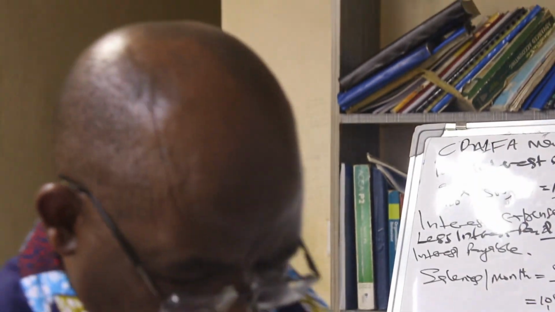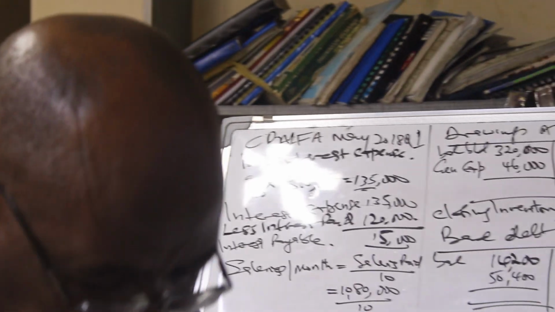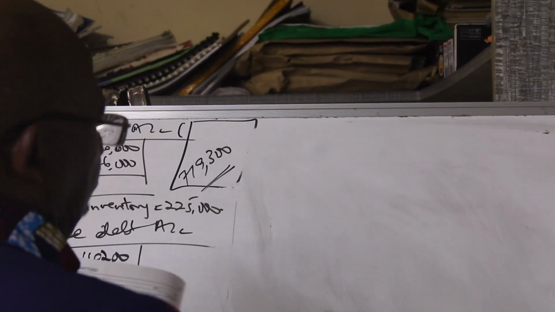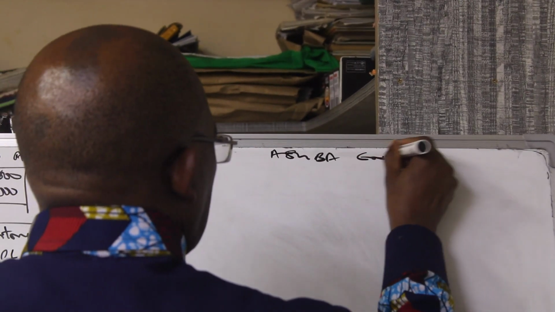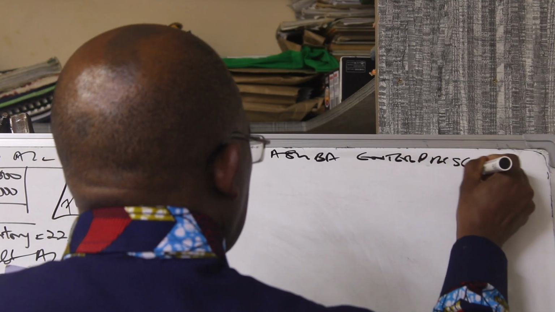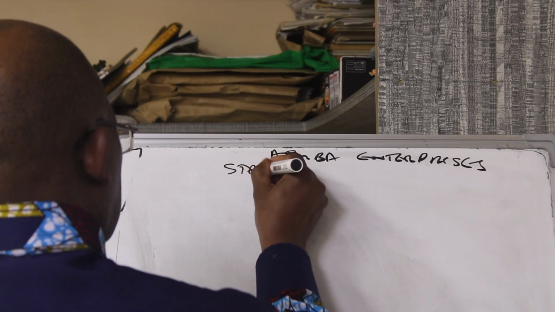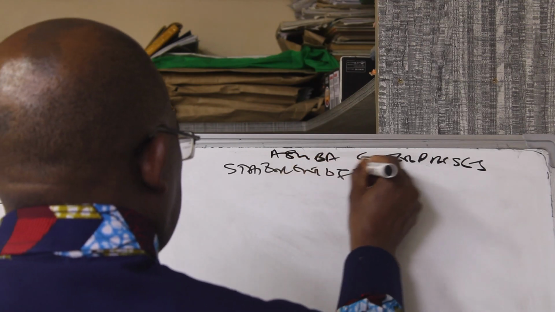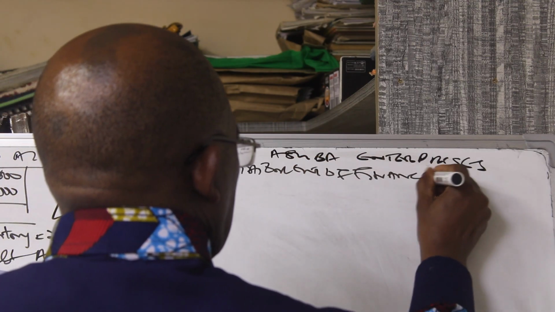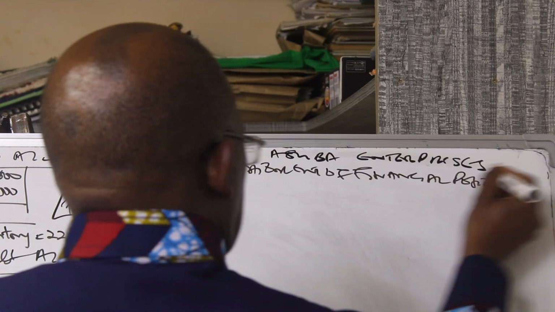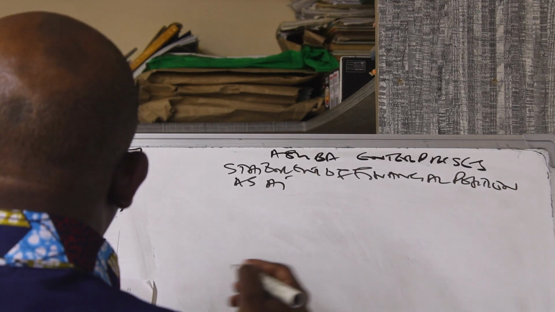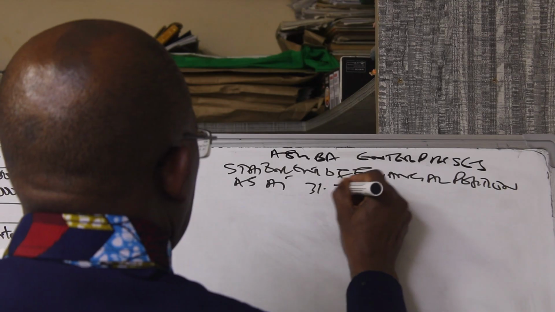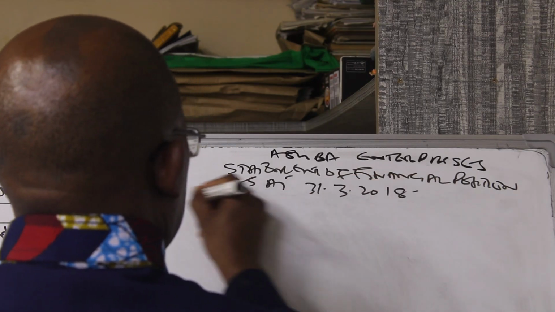So for our balance sheet, we know the assets that we have. So we just get the non-current assets first, and we say Asumba Enterprises, Statement of financial position as at 31st of March 2018.